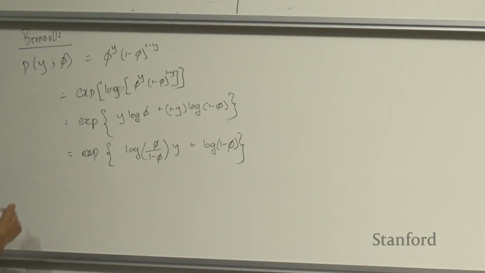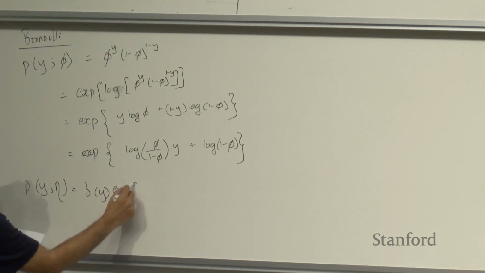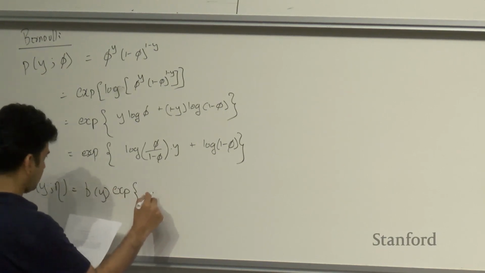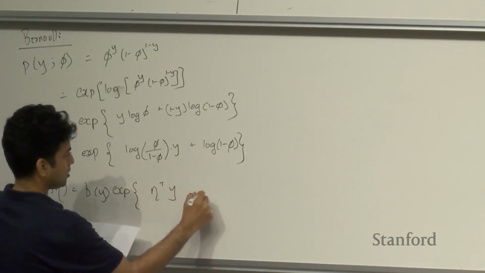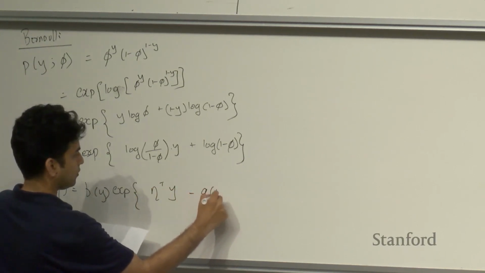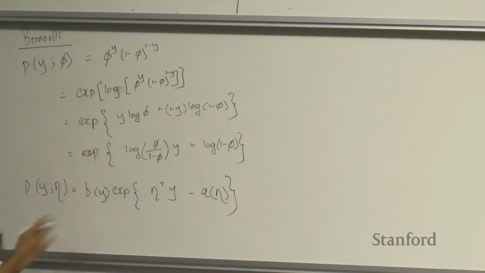So the exponential family says P of y given eta is equal to B of y times exponent of eta transpose y minus A of eta, right? Now we want to pattern match these two.